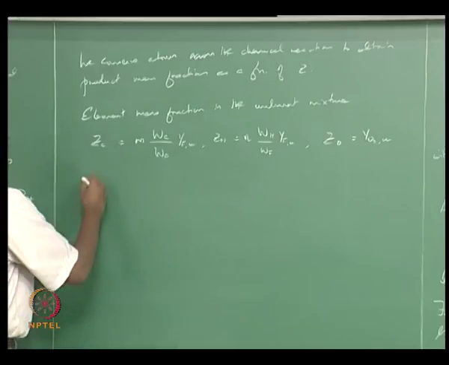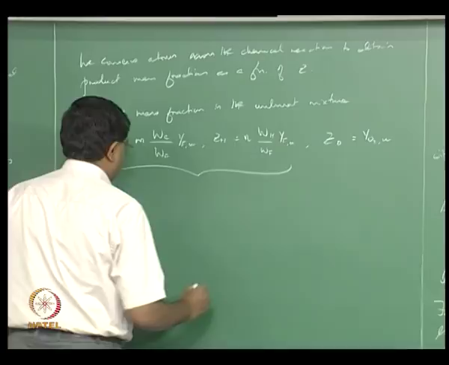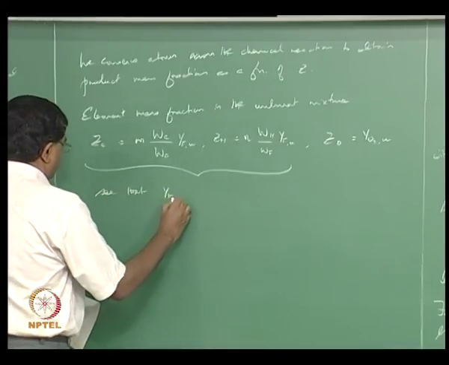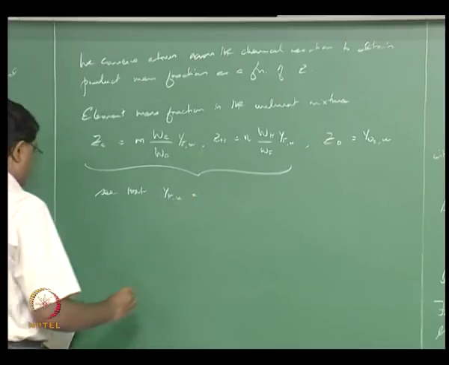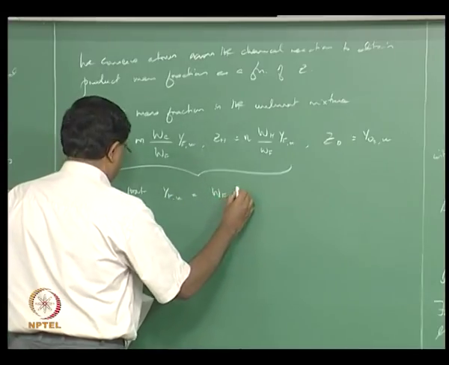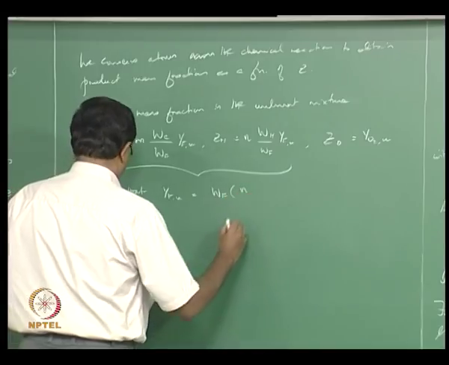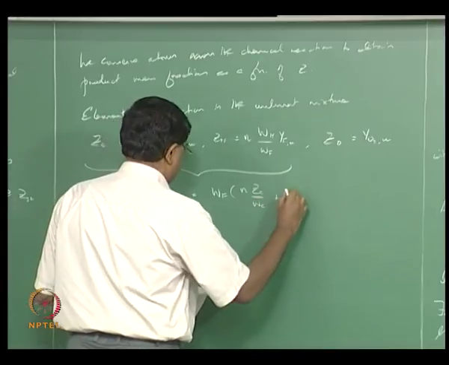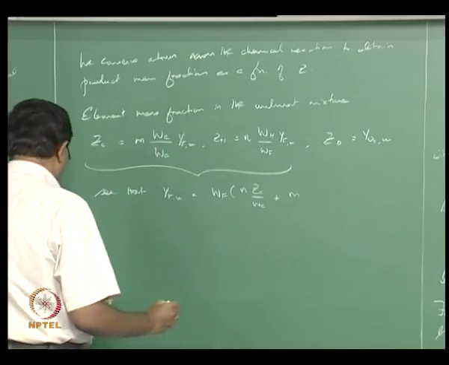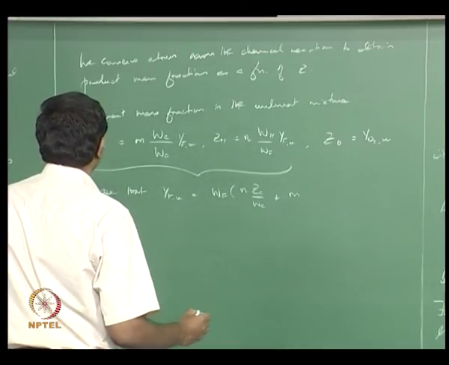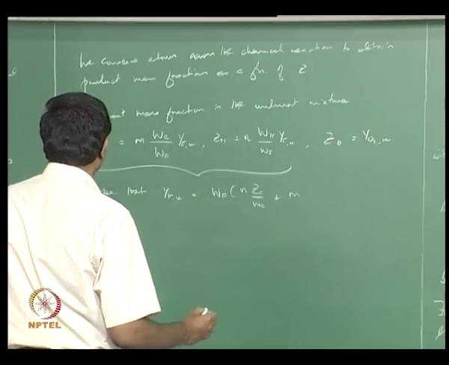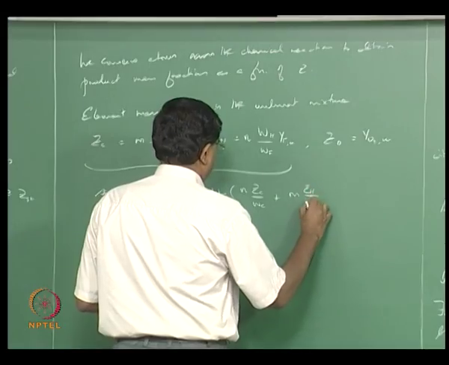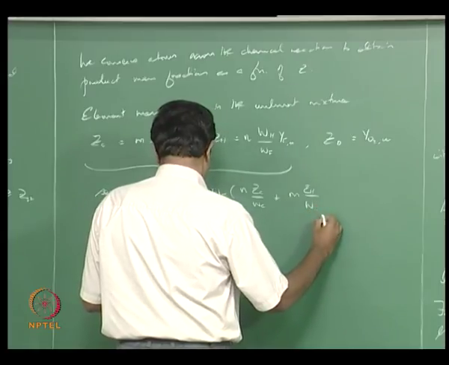Of course, from here we should now be able to also write that YFU is equal to WF times N ZC divided by WC plus M, did I make a mistake? ZH by WH.